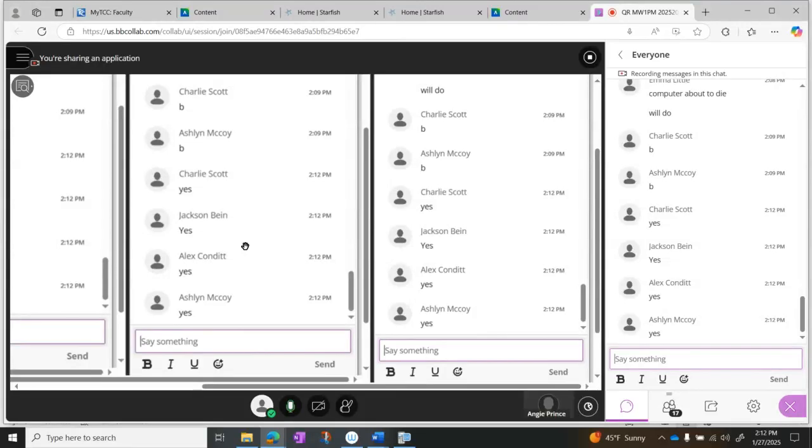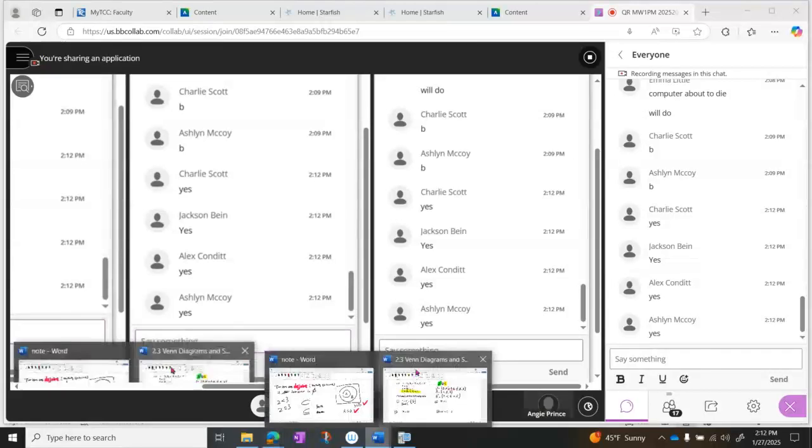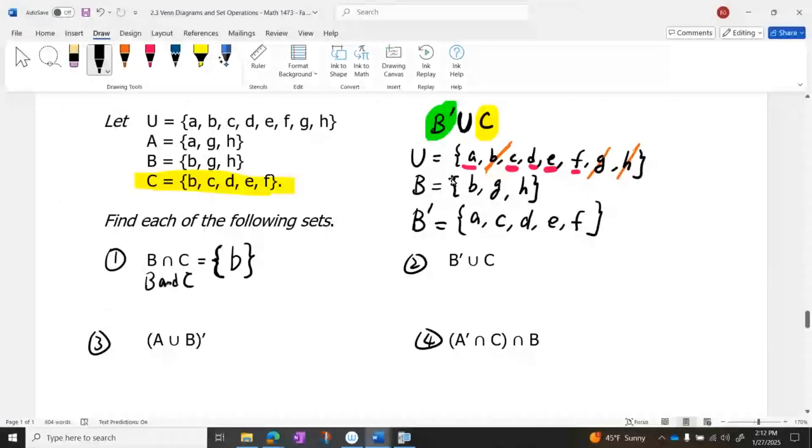If you're trying to do everything in your head, you might make a mistake. So the most reliable way, the way I recommend, is you write it down like what I did just now. Write U, write B, and B prime. Cross out all the elements in B from U, and the leftover elements would be in B prime. You will never make a mistake if you follow that.